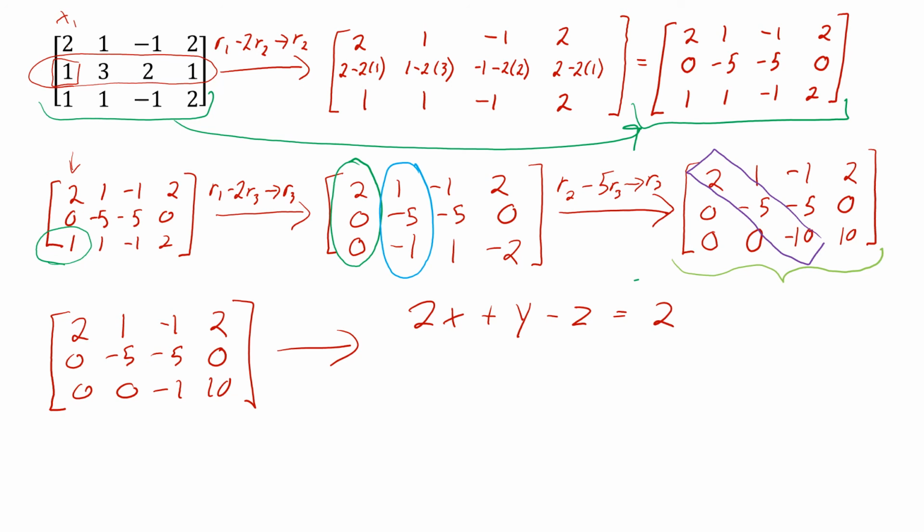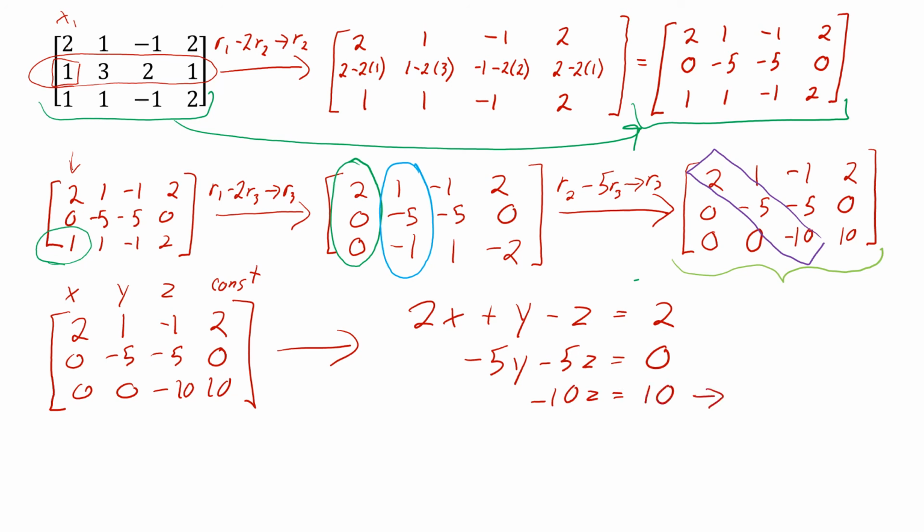That's just taking this first row, remembering that this is an x, y, z, and constant columns, and rewriting it as an equation. My second row, I have 0 x's, but I have minus 5y minus 5z equals 0. And my third one, oops, that's not minus 1, that's minus 10. I have minus 10z equals 10.